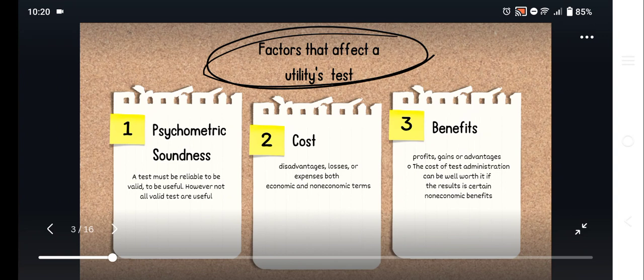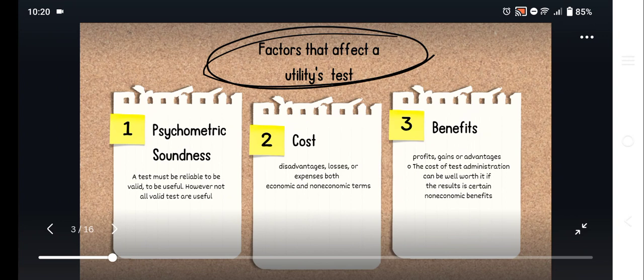For non-economic, this is related to non-monetary factors such as a good working environment, competent employees, and so on.